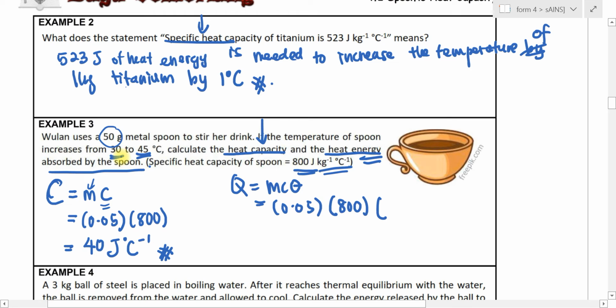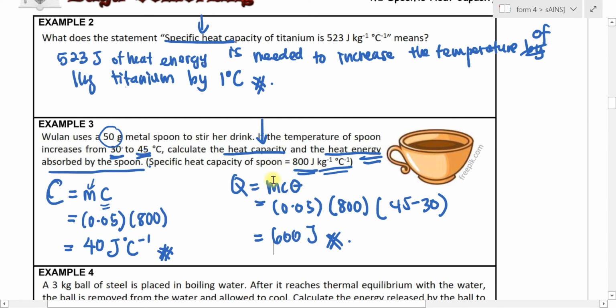Tak boleh, heat energy ni tak boleh dapat dalam negatif. So we want positive value. Just take the big value minus the small value. What is the answer? 600 joule. Yes, good. 600 joule.